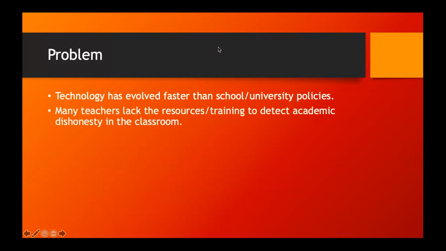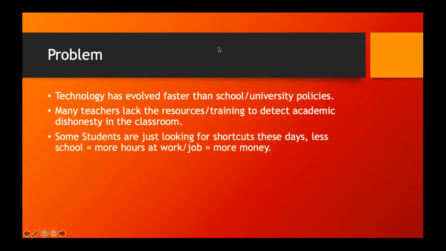A lot of teachers don't have the resources or training to detect academic dishonesty with technology because there's no time for that, and a lot of teachers are very underpaid. A lot of students are just looking for shortcuts. Less school is more hours at their work or job or whatever side hustles they've got going on. That's understandable, but there's still a big impact in the end.